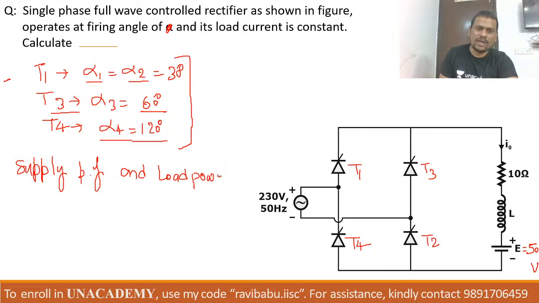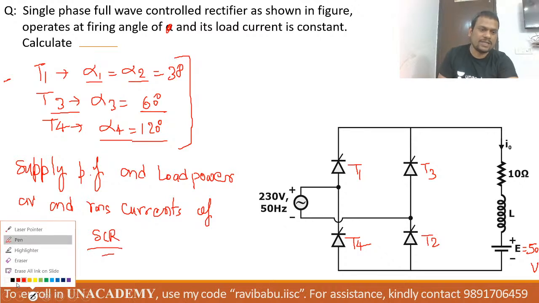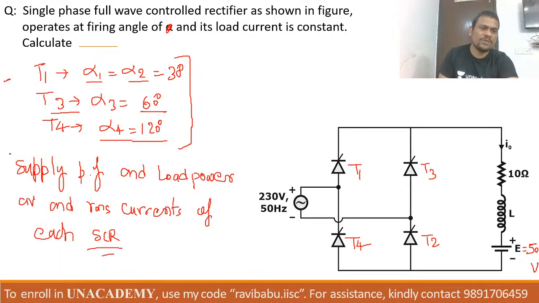Also calculate the average current of each SCR, average and RMS currents of each SCR. This is our problem completed. So here we have to calculate first the supply power factor, second the average and RMS currents of each SCR.